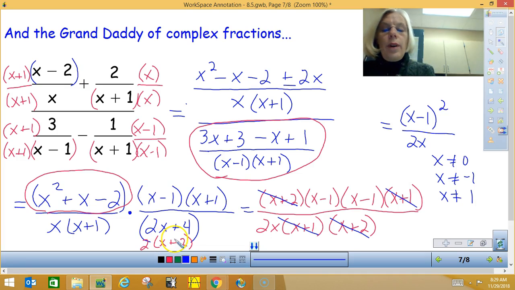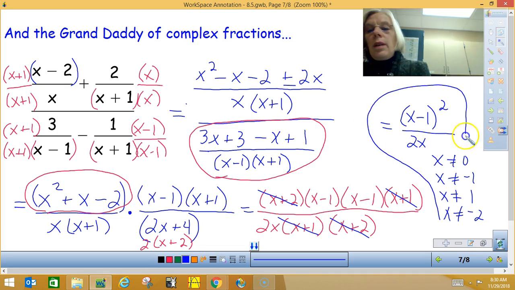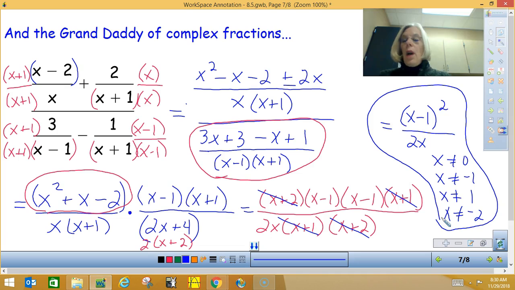And further, before I canceled, I would have this restriction right down here, x cannot equal negative 2. So there we have done it. Good job. All right, that's the lesson on simplifying complex fractions.